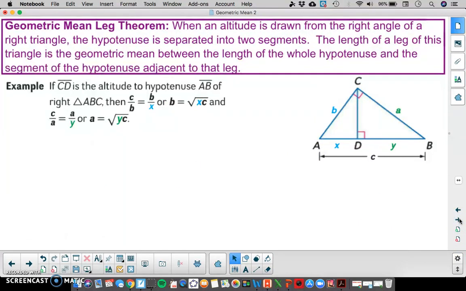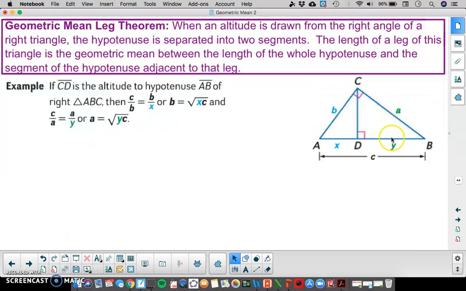The other theorem is the leg theorem. This time we're looking at the legs of that larger triangle. What we're really doing is we're still comparing those three similar triangles, but we're trying to do it in a faster way. So again, when an altitude is drawn from the right angle of a right triangle, the hypotenuse is separated into two segments, x and y.